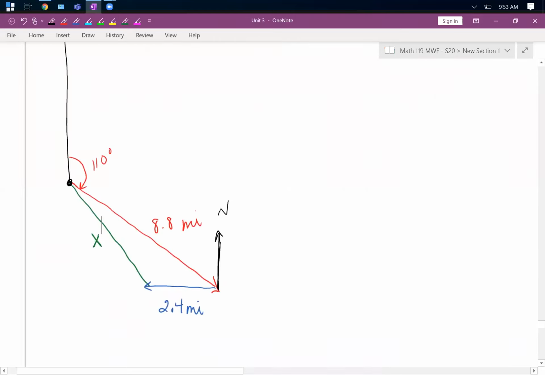That is certainly not enough to start this problem because we don't have any angles inside the triangle. So what can we do to get some angles inside the triangle?